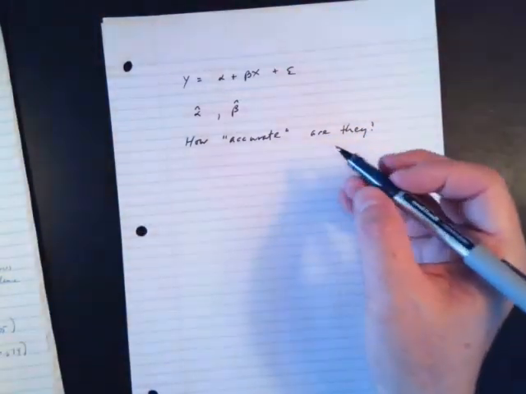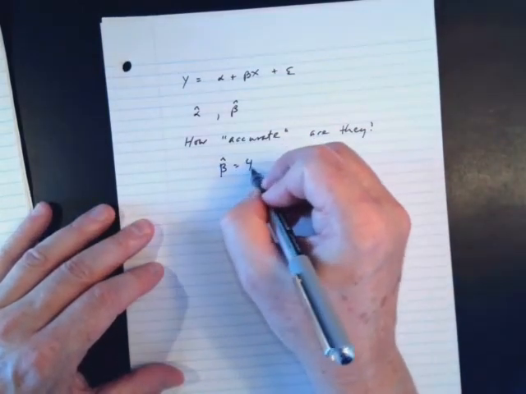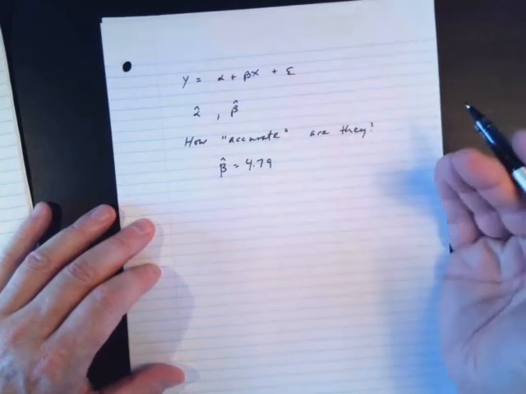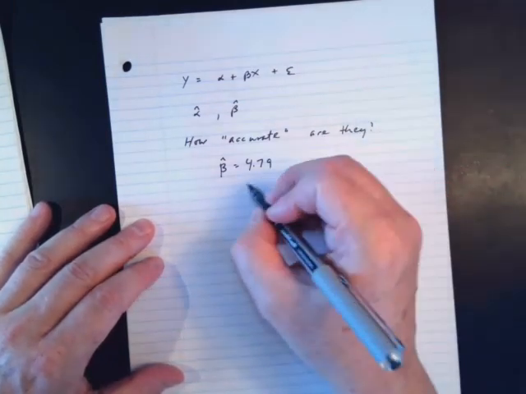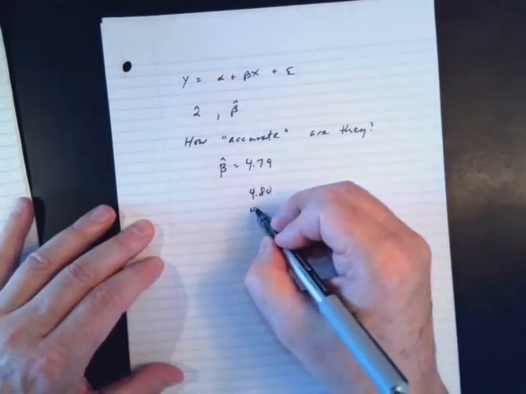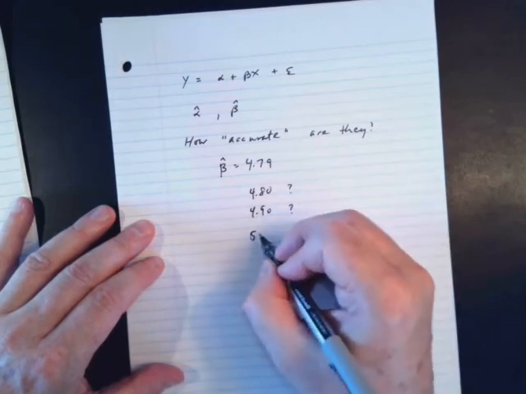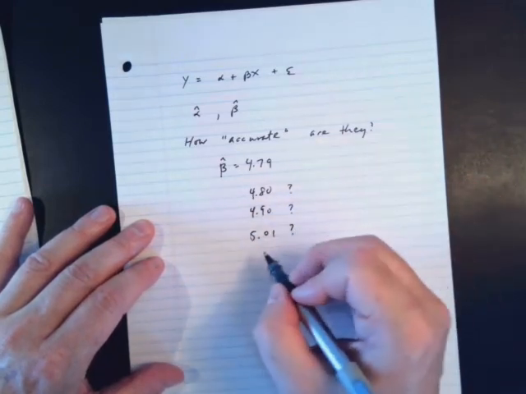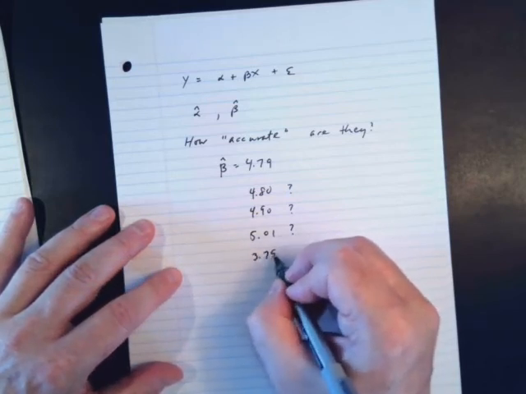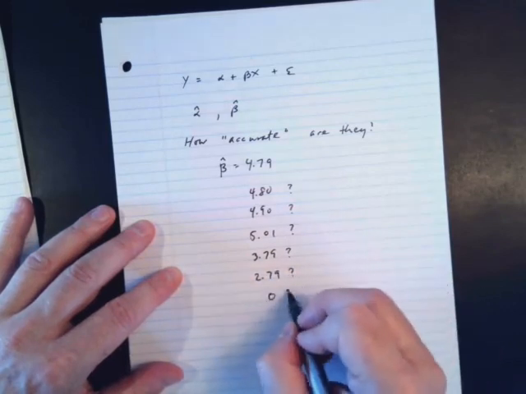You'll remember that with the utility model, we said beta hat equals 4.79. Well, is it exactly 4.79? Maybe it's 4.80, or maybe 4.90, or maybe it's 5.01. Or we could go the other way, maybe it's 3.79, or 2.79, or maybe it's 0.